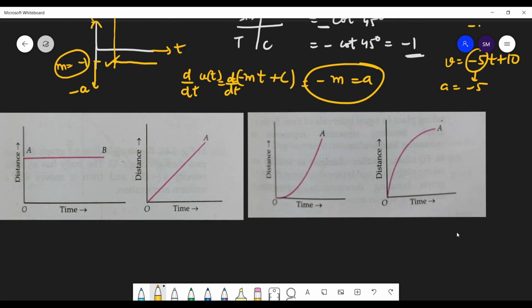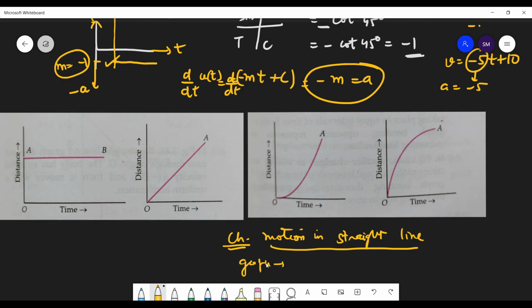So obviously we want acceleration to be constant. So all the graphs will be parabola. Motion in a straight line, that is the name of your chapter. So all the graphs that you will get will be of degree 2, and that's parabola.